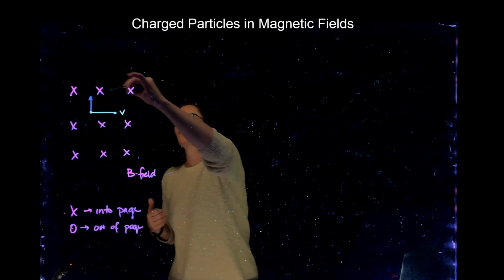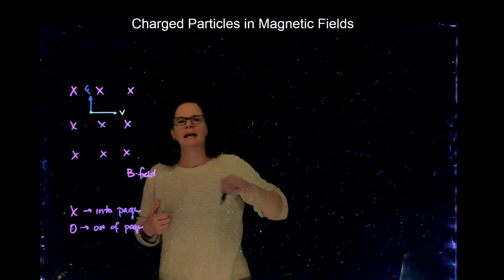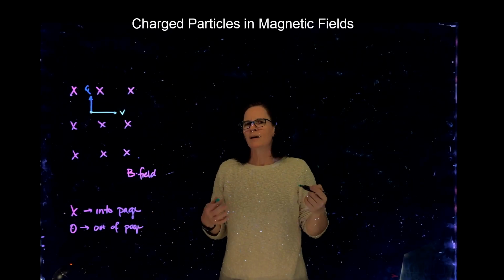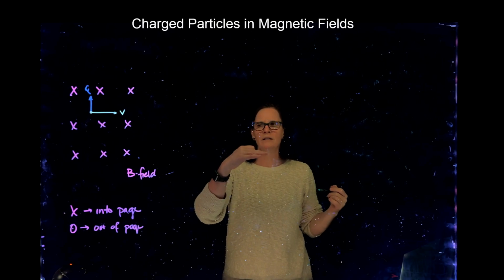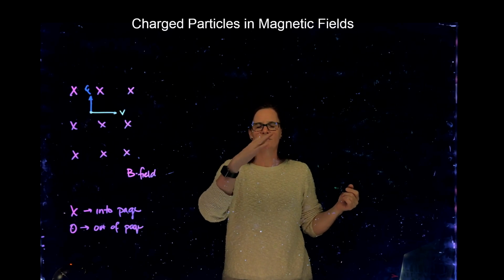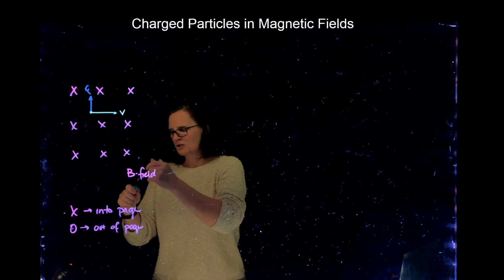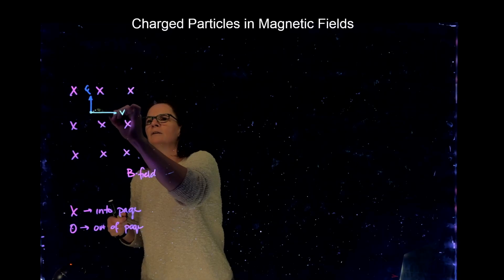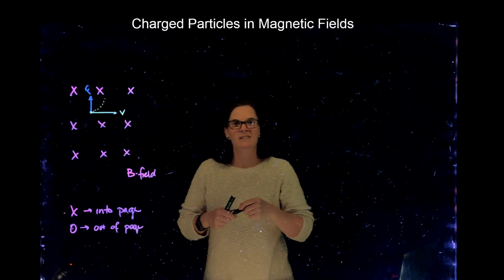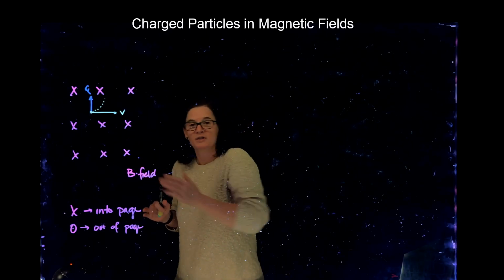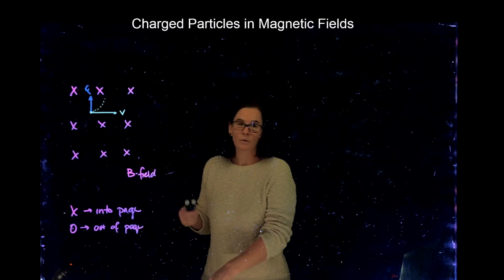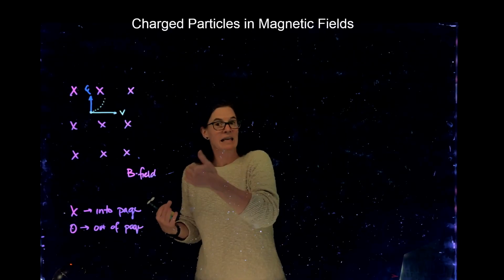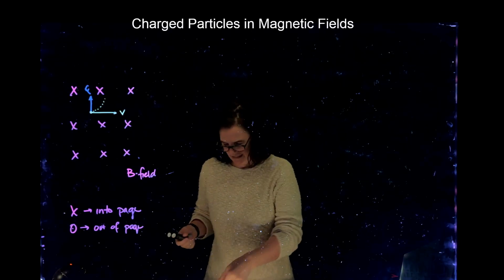So here's the force that charged particle feels at that point. So what happens if I have a particle moving to the right and it feels a force upward? Well, the trajectory of that particle is going to start to curve. Right? It's kind of like if you walk around and somebody pushes you, you walk in a curved path, or you get deviated, and if they keep pushing you, you keep getting deviated.